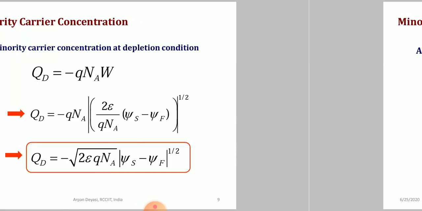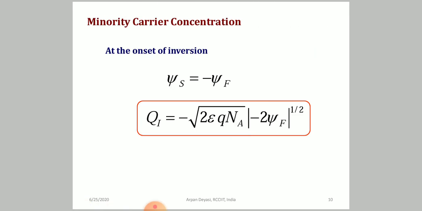And once you get QD, then I will put the onset of inversion. At the onset of inversion, you will be a little amused that psi s would equal psi f, but not. Measurement is in a different direction. Psi f you are measuring from the extrinsic Fermi towards the intrinsic Fermi, and the bending is from the intrinsic Fermi, so it's measured from the higher level to lower, so the direction is reversed.